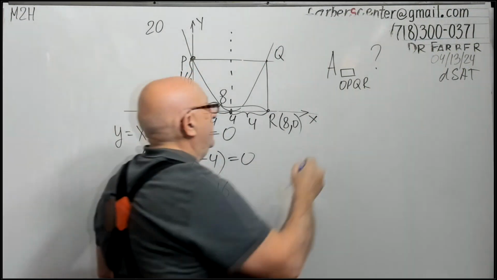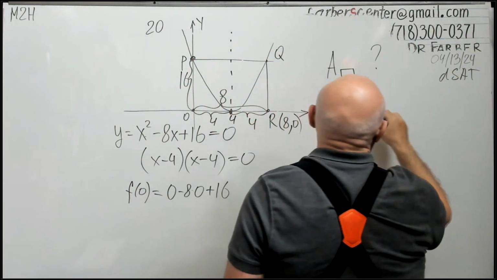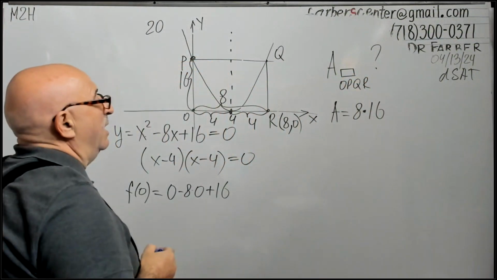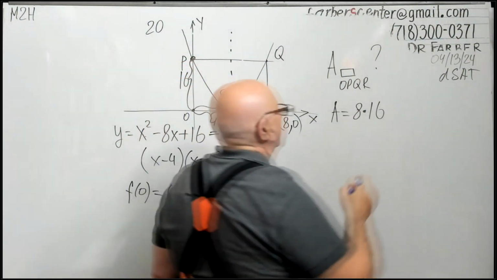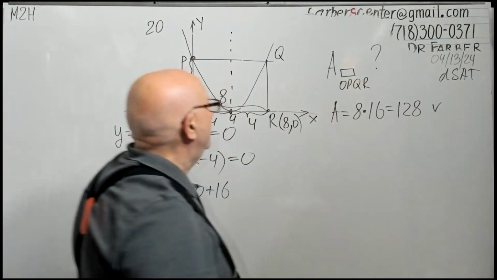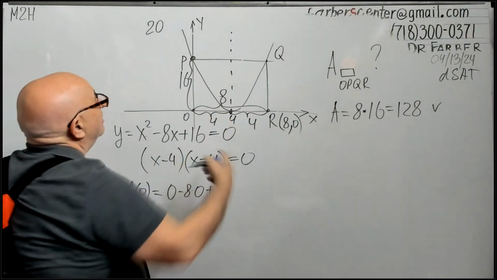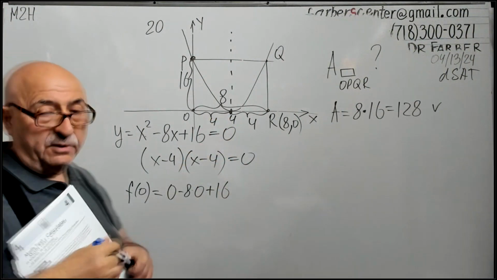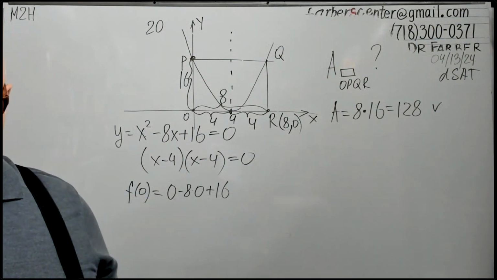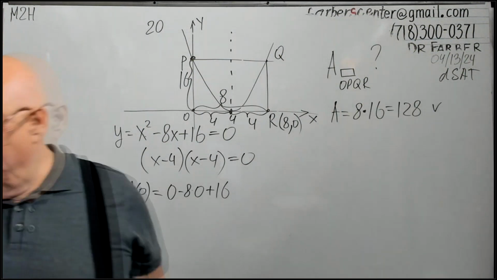And now area is base times height, first grade. 8 times 16: 8 times 10 is 80, 8 times 6 is 48, 80 plus 48 is 128 square units. Or you can use negative b over 2a to find this one. Who understands 100%? Can you use Desmos for this? Sure, just put this in and you can do it instantly. If you like, I'll show this. Even faster.